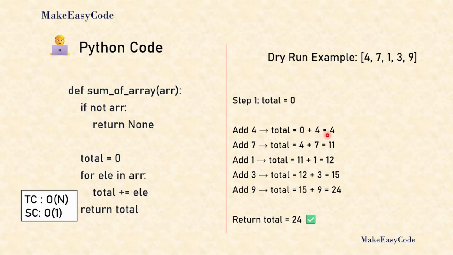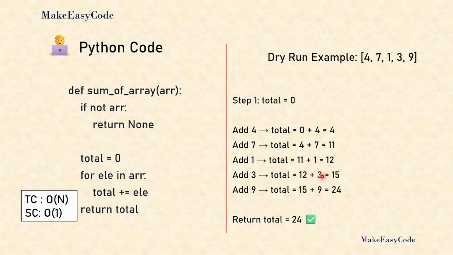Now it goes to the second element, that is 7, and it is added to the total sum. We get the total sum equal to 11. Again 11 is saved into total, and again it will be added with the next element, that is 1. After adding, we get the total as 12. Now this total 12 is saved into total.